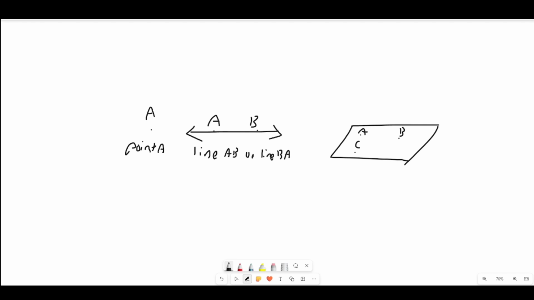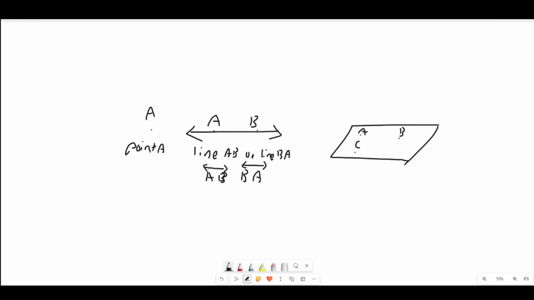But you also don't have to write line AB. You can just write AB with a little line symbol on top. So it'd be AB like that, or BA like this. This means line BA.